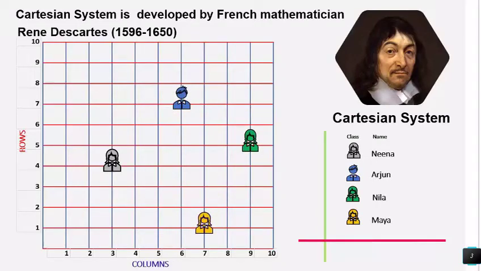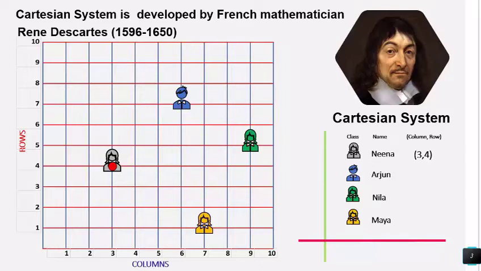If somebody wants to locate Nina, according to Cartesian system, if you look in the graph, there are columns and rows. Nina is located in 3rd column, 4th row. So Nina's position is 3, 4. It's always denoted as column 1st and row 2nd.